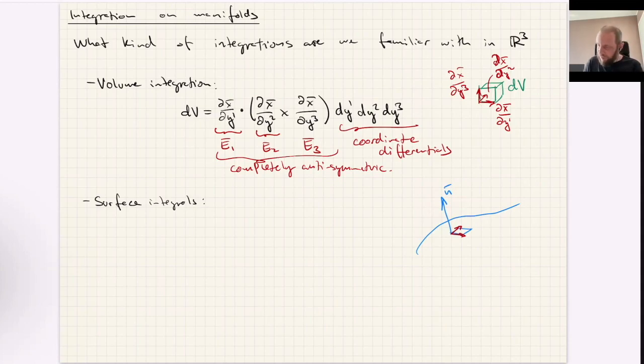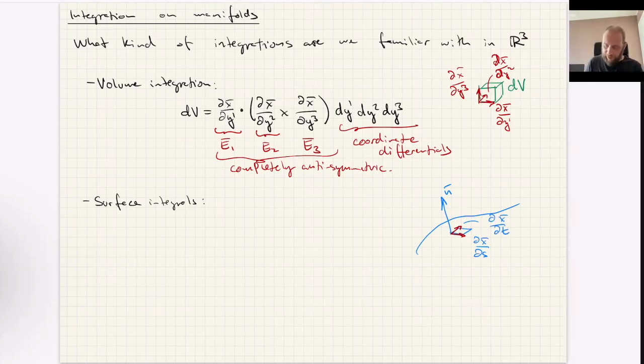If I use s and t as coordinates on the surface, these would be ∂x/∂s and ∂x/∂t.